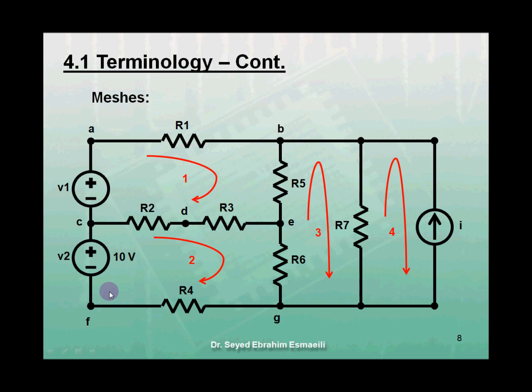The second mesh consists of V2, R2, R3, R6, and R4. The third mesh consists of R6, R5, and R7, and the final mesh consists of R7 and I.